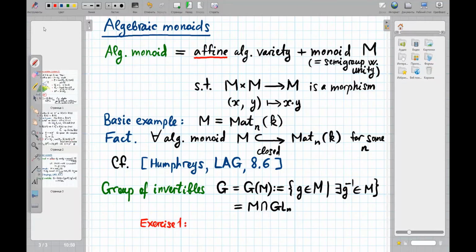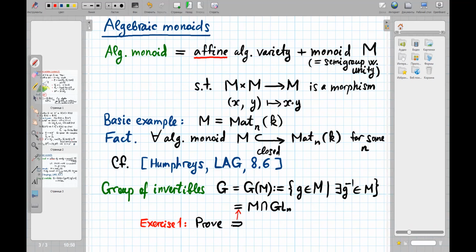For you is to prove this inclusion here. Well, this M is the M that has a closed embedding into some n-dimensional matrices, right?